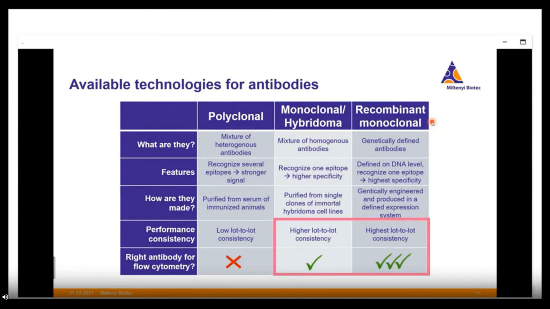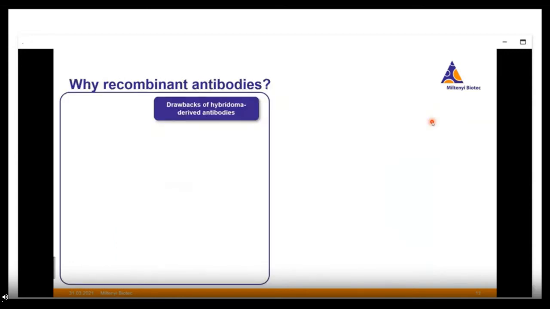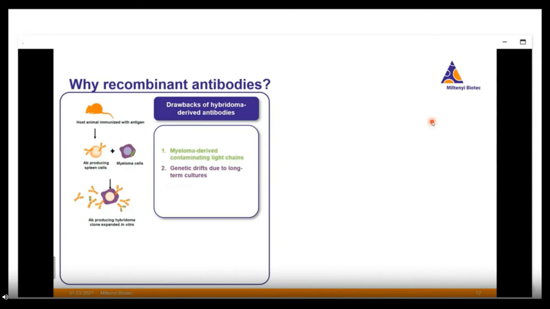So let's have a closer look at the manufacturing process of hybridoma versus recombinant antibodies. Hybridoma clones are generated from the fusion of an antibody-producing B cell and an immortal myeloma cell. They are not pure because they contain light chain produced by myeloma cells, which are also B cells.